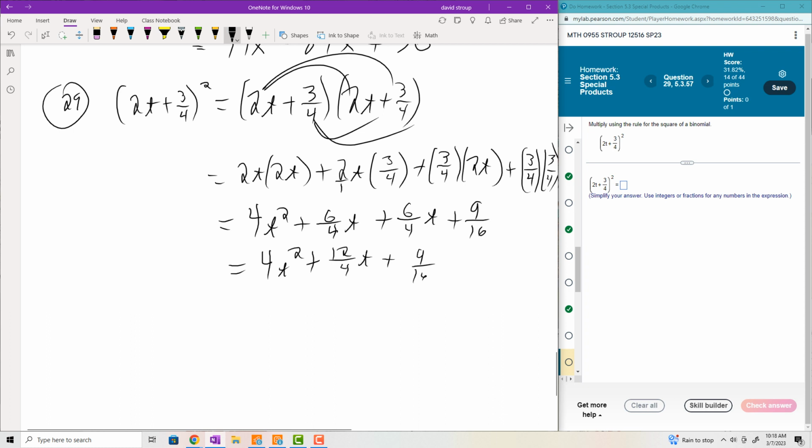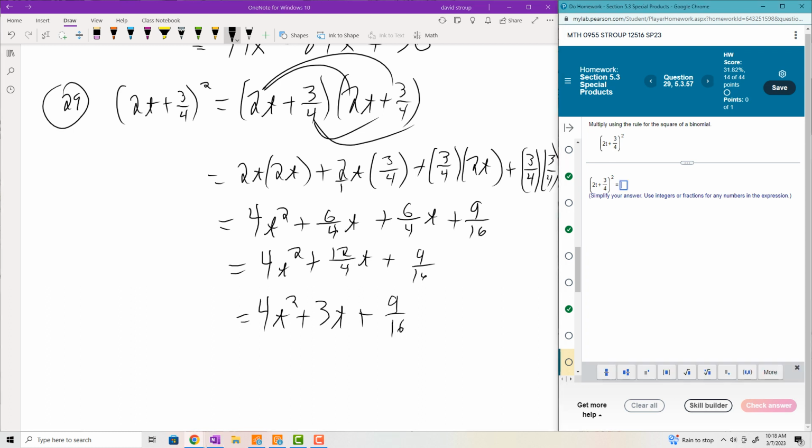And then simplify. So we're going to get 4t squared plus 3t plus 9/16.